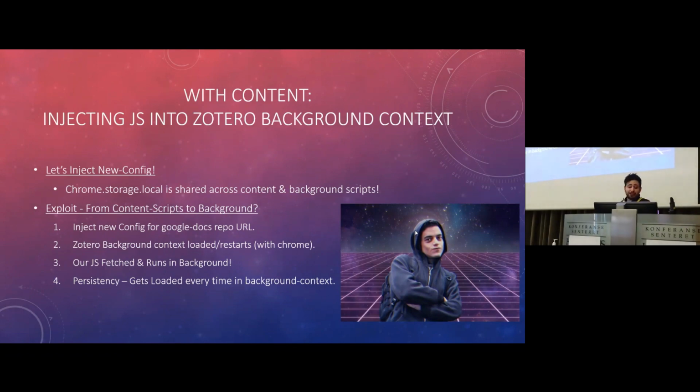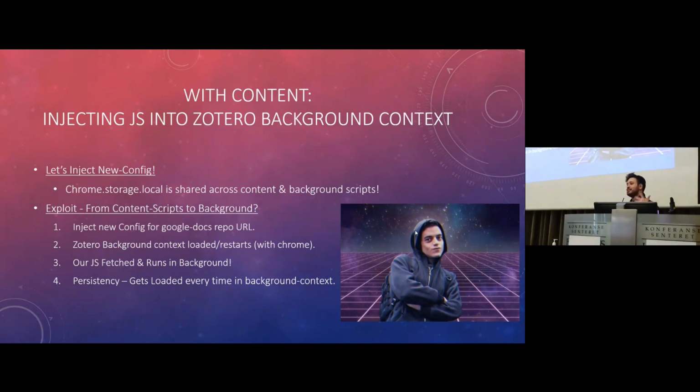So I actually found out that Chrome Storage Local is actually shared, and it's shared between all the extension URLs freely. And when I inject new configuration, it just pops up in the background. So I could easily inject configuration from one context. It would pop up in the background context, change the URL of the repo, download my JavaScript, check.